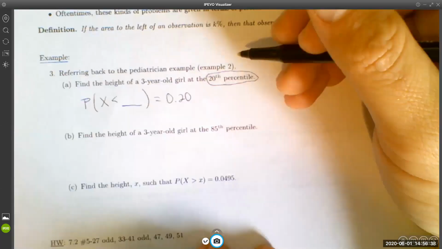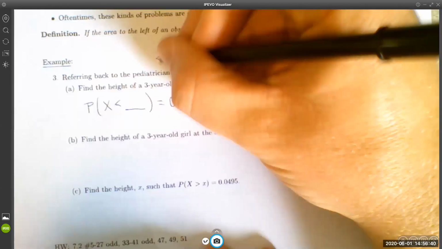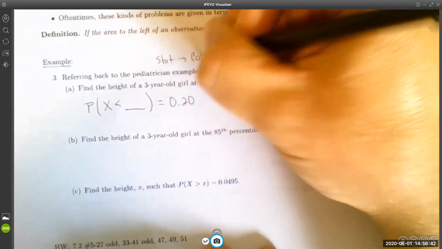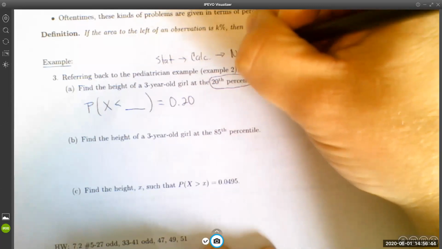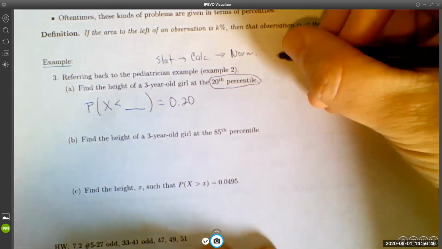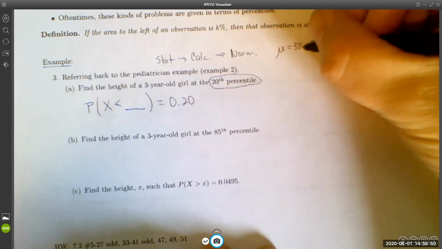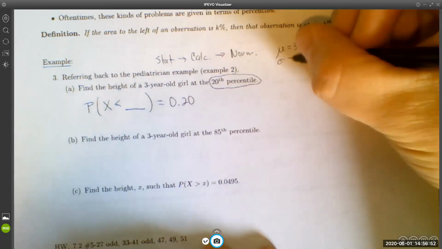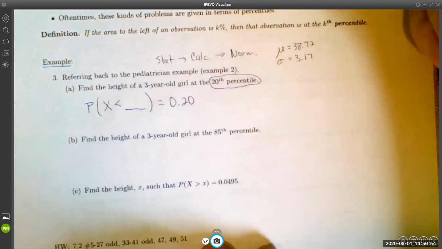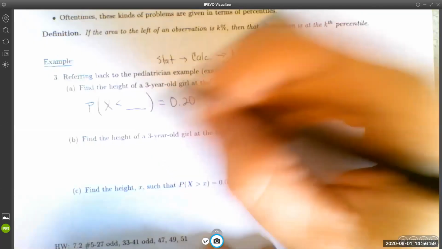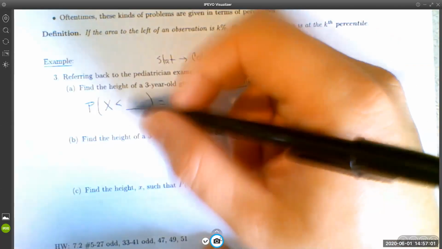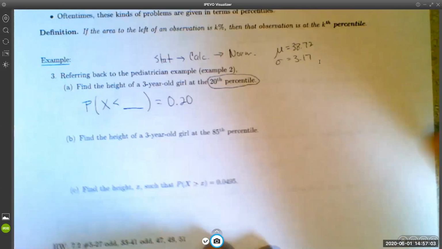StatCrunch will do this. So same thing as before, right? We go Stat, Calculators, Normal. We're going to put in mean equals 38.72 and sigma equals 3.17. And then we're going to leave this part blank and punch in 20%. Okay, so let's do that.